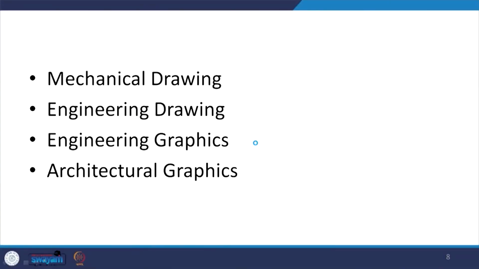So what I call engineering graphics or architectural graphics is also known as mechanical drawing or engineering drawing, or you could also find it under the name of engineering graphics. All of these mean the same thing, and they have more or less similar content. If you talk about architectural graphics, you might be dealing more with the symbols which are used to represent different parts of the building.